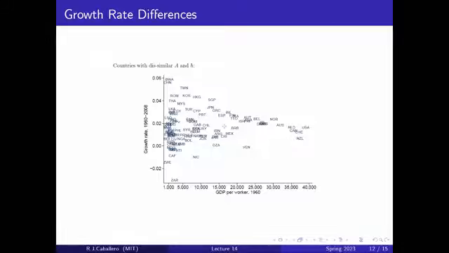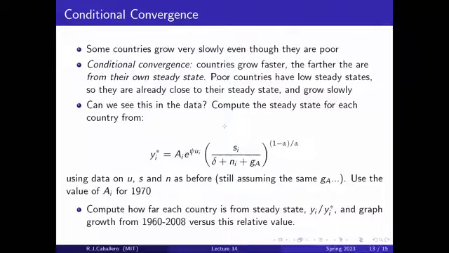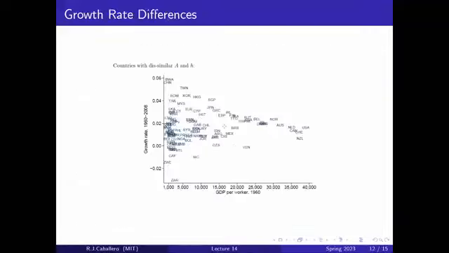Okay. So this led to a literature which is called the conditional convergence literature. And the idea is almost accounting, but the idea is the following. So the question that was behind this literature is, well, why is it that we have some countries, say here, that have a very low income per capita and grow very slowly? That's the puzzle. How can it happen that we have that?